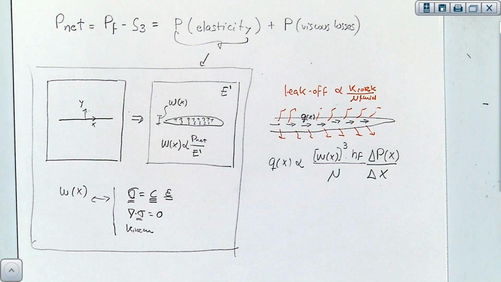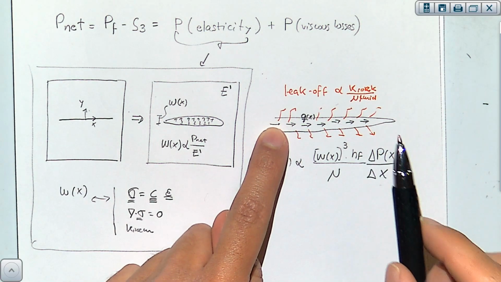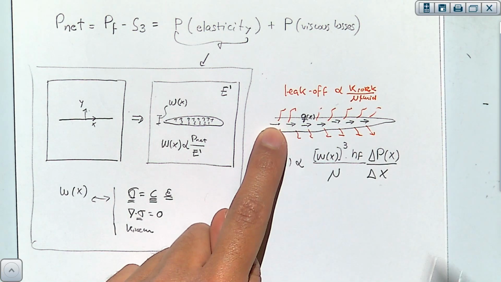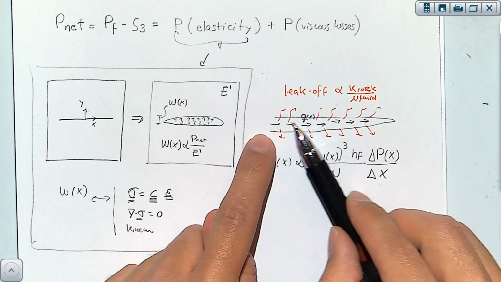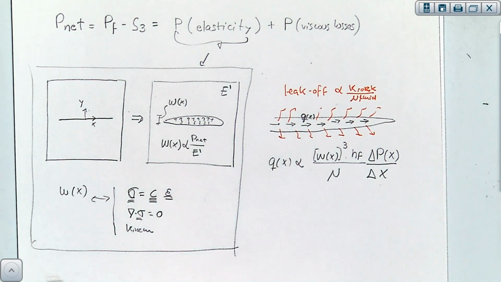But this is just one additional loss that you have to consider. So you not only need pressure in order to move the fluid through the fracture, you also need to overcome this loss inside the rock itself.